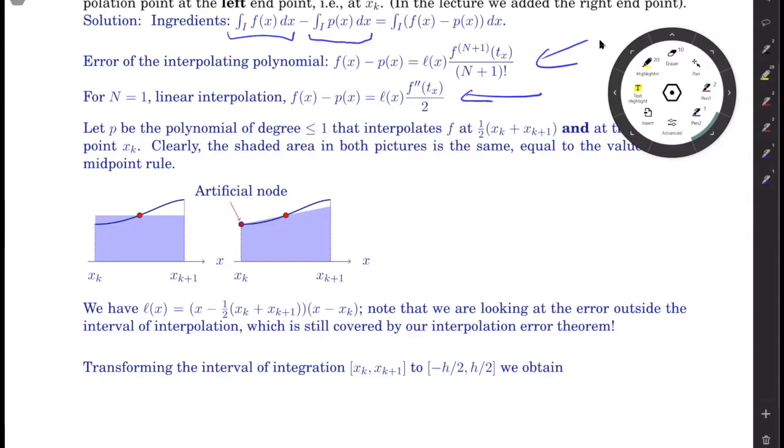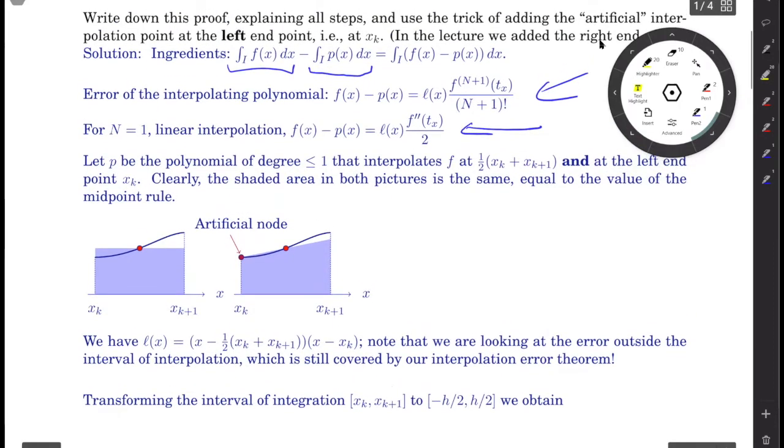So now, this is the midpoint rule. We're tilting this line here so that it eventually lines up with the function value at the point xk. And the error of this rectangle is the same as the error of the trapezoid.